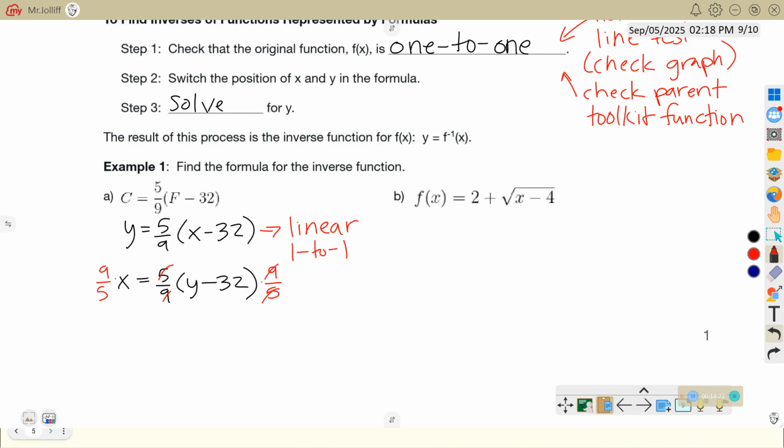That makes me happy because I don't like fractions. 9 over 5 times x equals y minus 32. Alex, suggestions? I want to get y by itself.